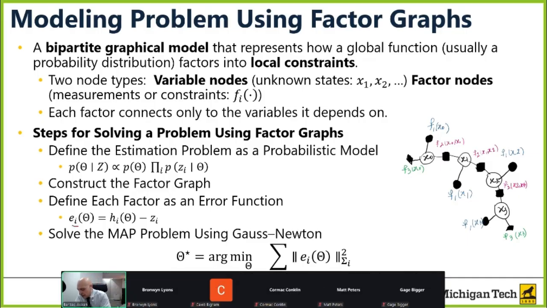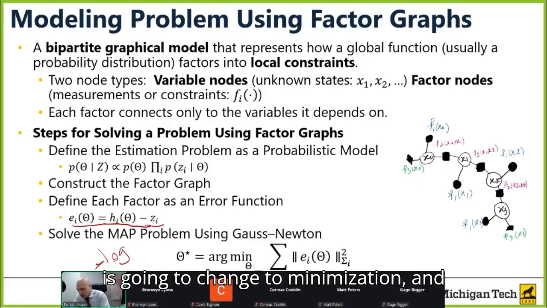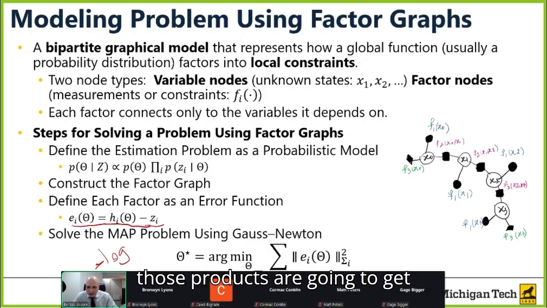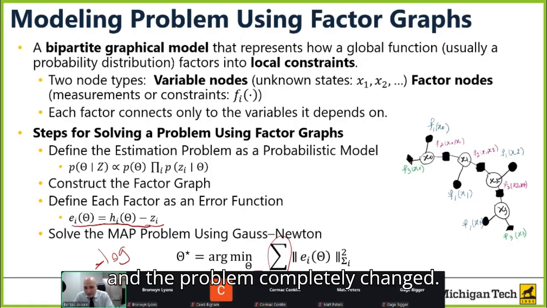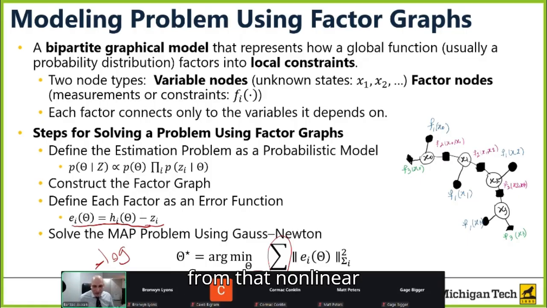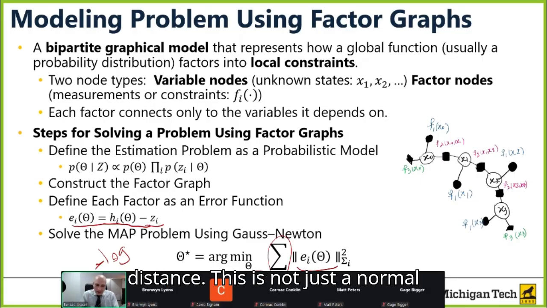After taking the log and minus log, maximization changes to minimization, and those products become summations. So the problem completely changes from a nonlinear, complex exponential family to a sum of squares. However, this is a Mahalanobis distance, not just a normal distance.